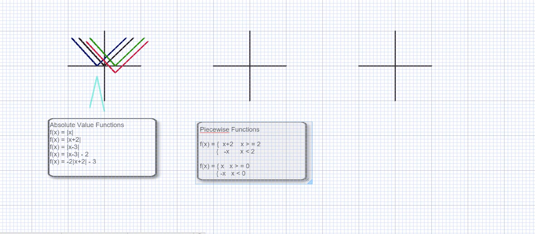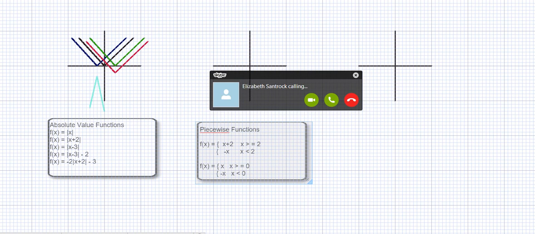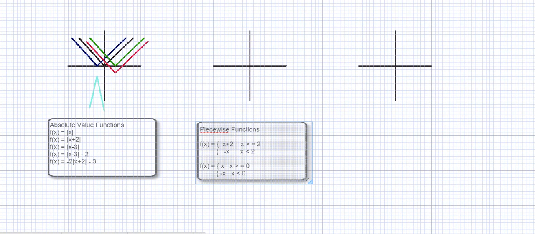Okay, so now let's look at this. f of x equals x plus 2 for x greater than or equal to 2. So let's look at the value of x equals 2. x equals 2 is 2 units to the right of the origin, and if x is equal to 2, then that value will be x plus 2, or 4.